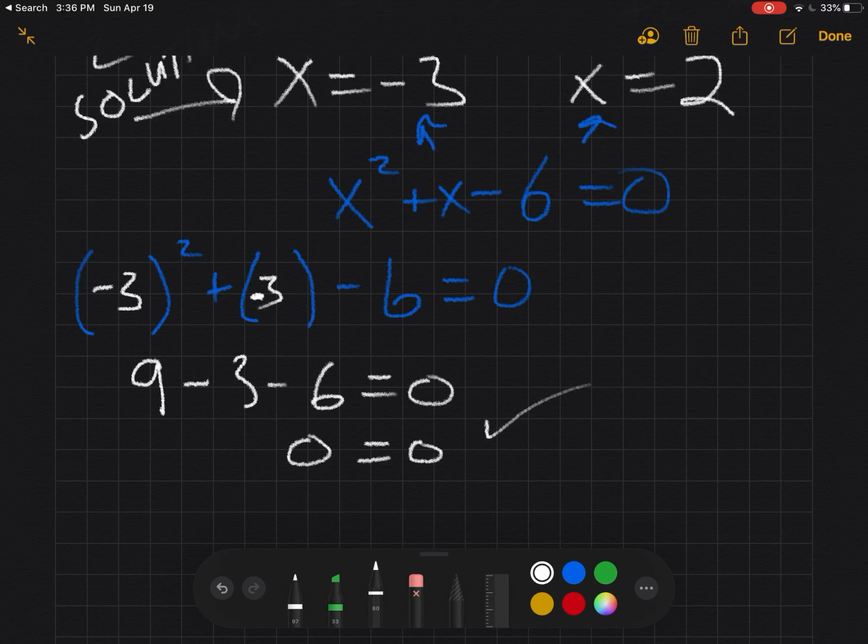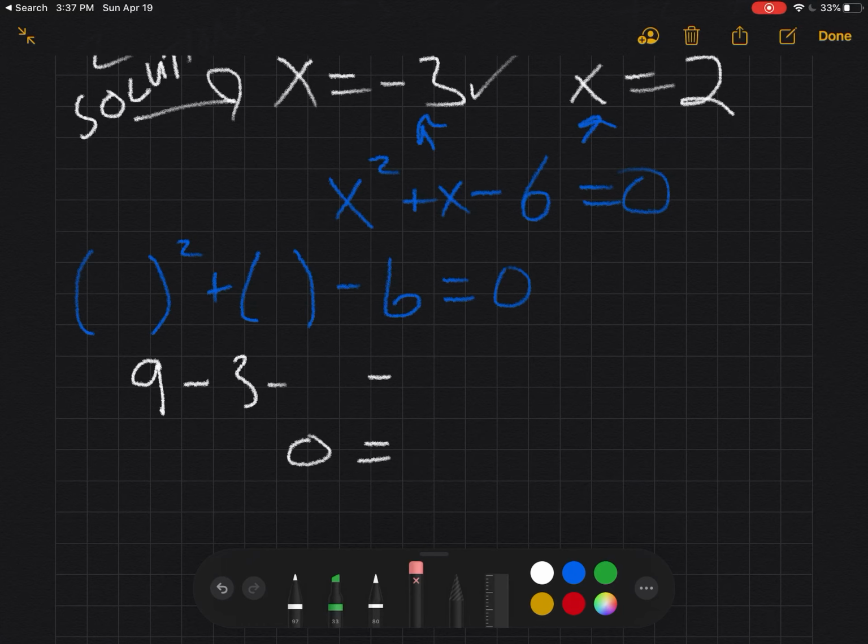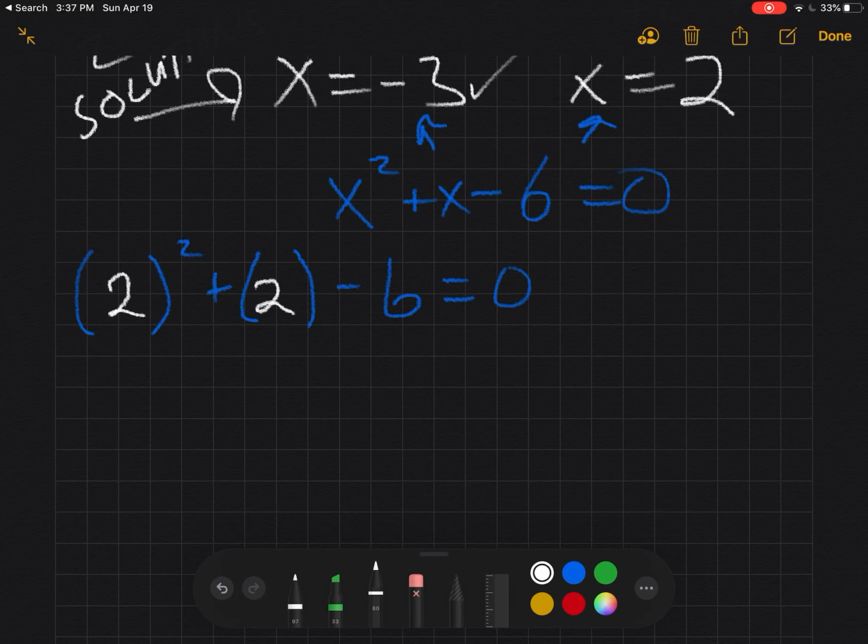One answer we had was negative 3. So let's test this out. Negative 3 squared gives me 9. And now I'm saying add negative 3, subtract 6, and that's equal to 0. And that gives me 0 equals 0. Yay! So negative 3 works. That's a solution. That's an answer.